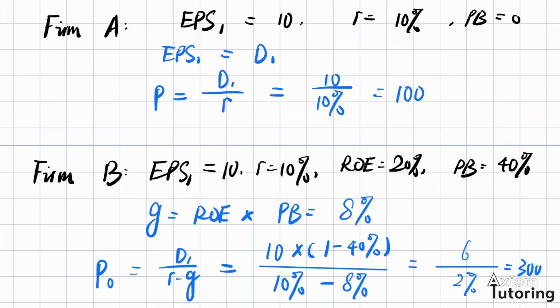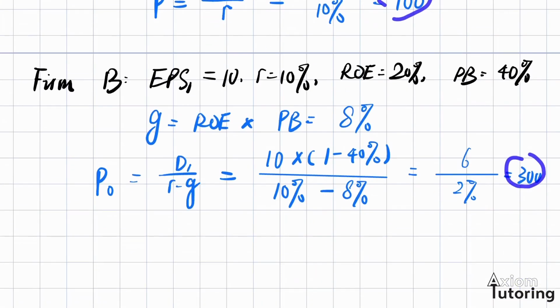As you can see, the difference between the valuation here: the firm with growth is valued a lot higher compared to a firm without any growth. The difference here is the present value of the growth opportunities. In this case it would be 200.